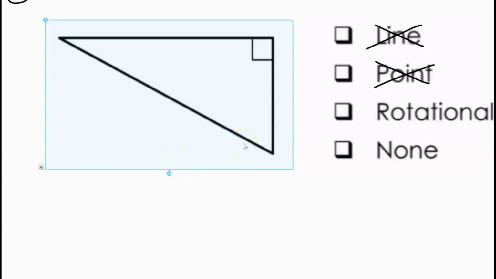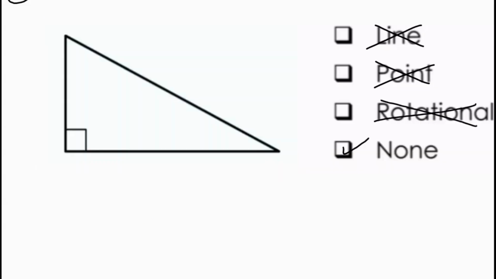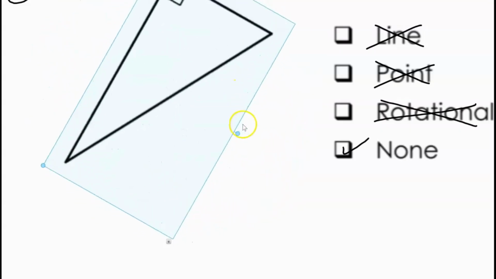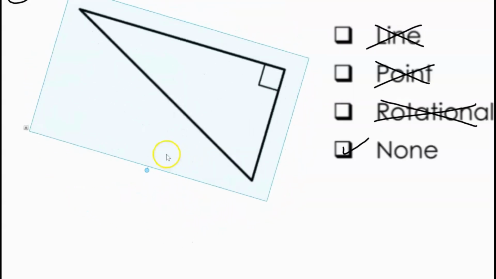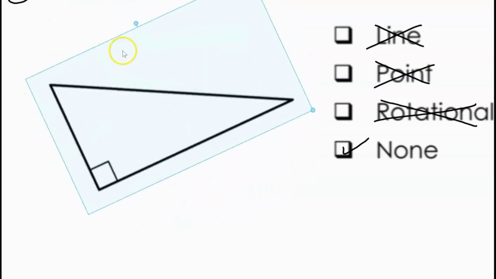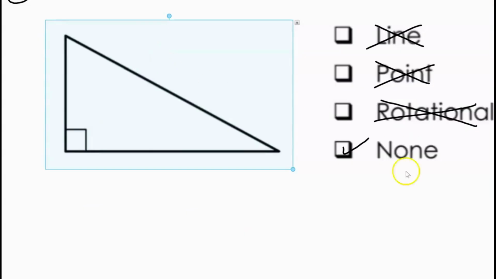It's not the same. So it does not have point symmetry. And rotational. There's no spot on here that I can rotate it and see that it looks just like it did at the beginning. Okay, so it does not have rotational symmetry, so it will be none.